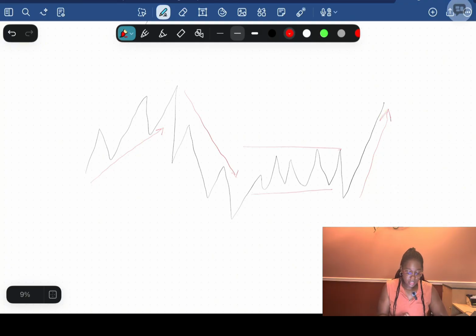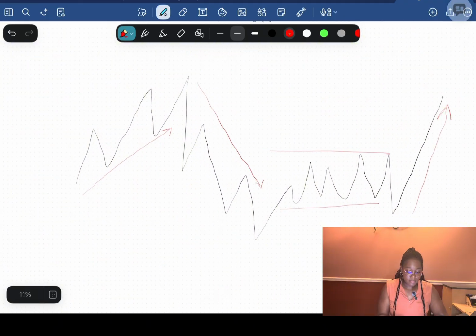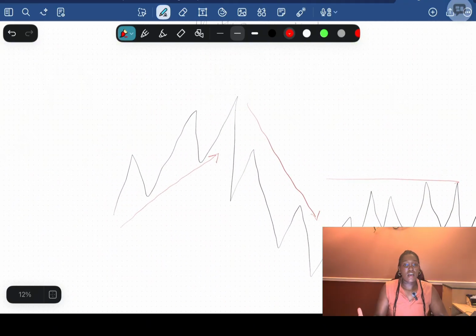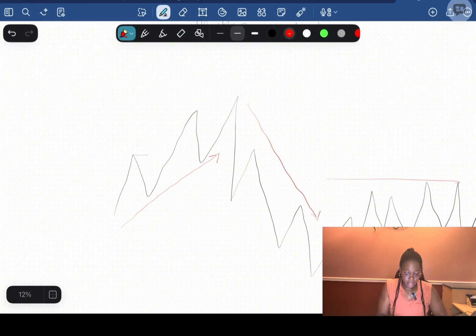And if we zoom in and look at this on a deeper level, as price is trending upwards, you see that there are these peaks. We have one here, we have one here, and then vice versa, you have the same thing on the other side. So we have a peak down here and down here.